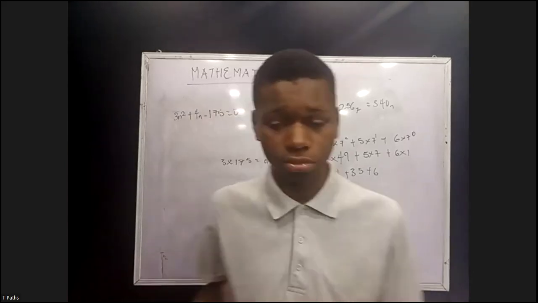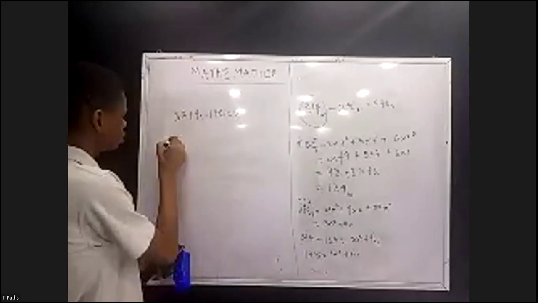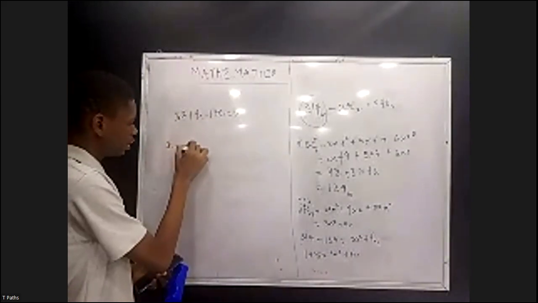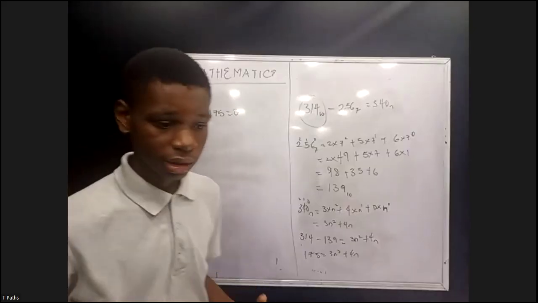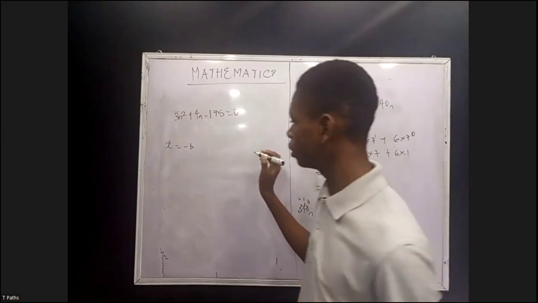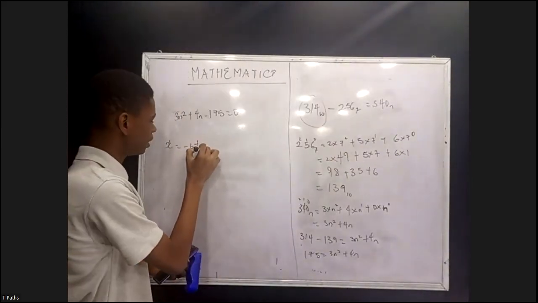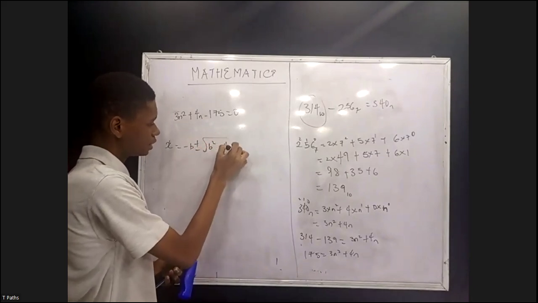All right, so I don't think there's time for us to do that, but we can also use the formula to solve it, which is x is equal to minus b plus or minus square root of b squared minus 4ac over 2a.